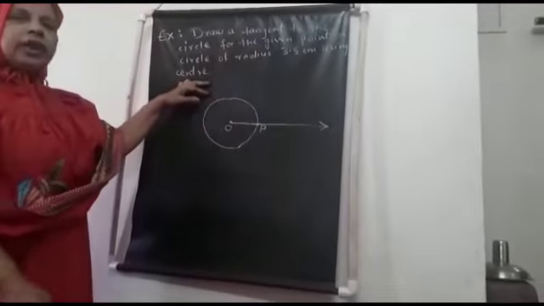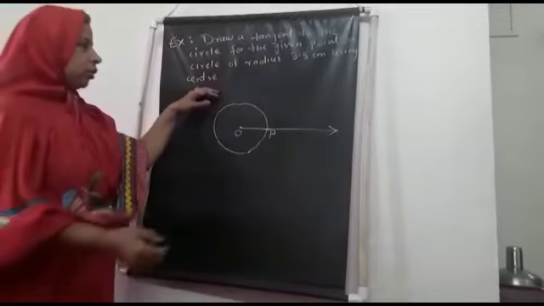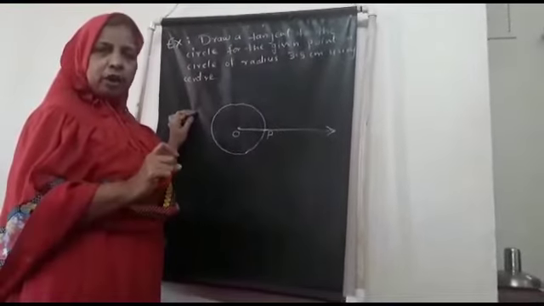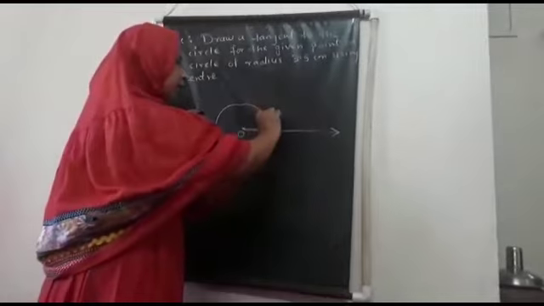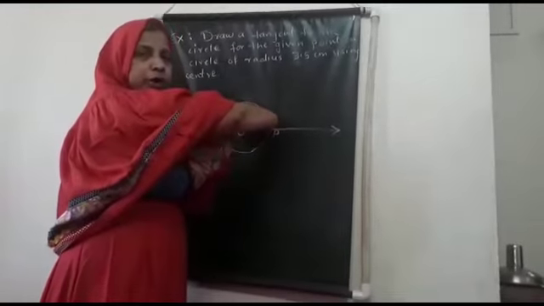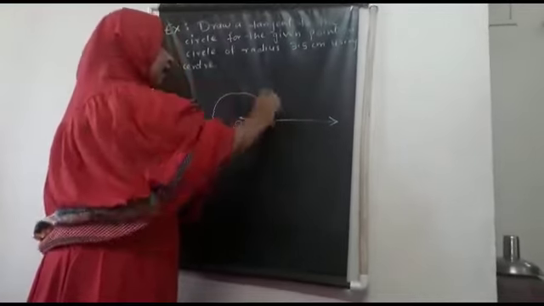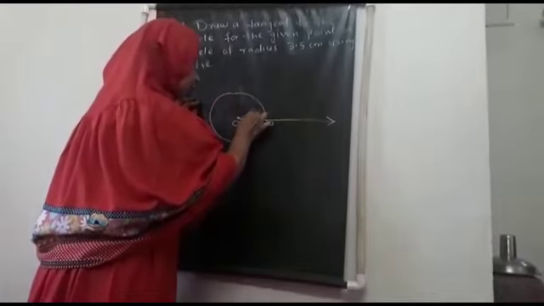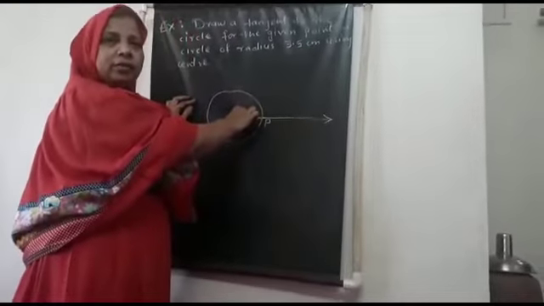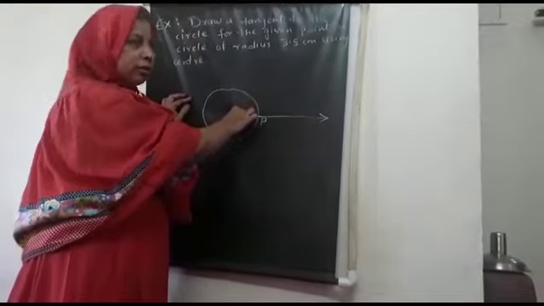Now take your compass. Take some distance in the compass, put the compass pointer on point P, and draw the arc on the side of the center like this. Do not change the distance.